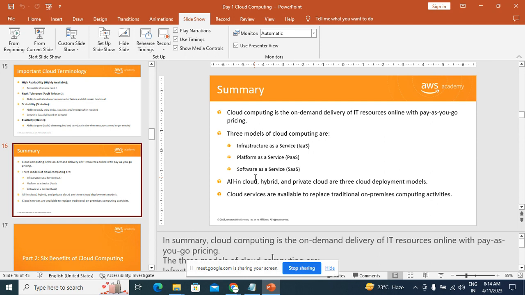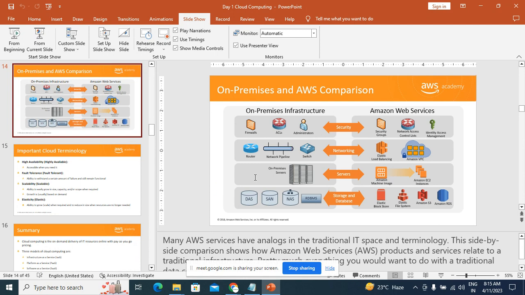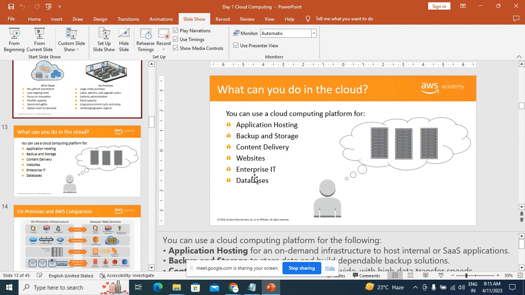And very importantly, cloud services available to replace traditional on-premises. We just discussed what are all the problems with the traditional method, and how AWS is able to solve it. So I think you need to remember these points. These are very, very important.